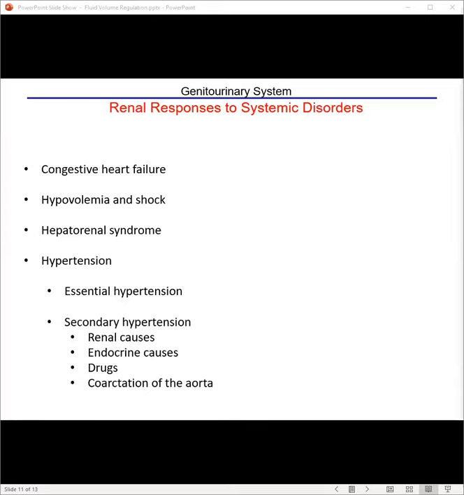So the kidney tries to increase fluid volume, leading to peripheral edema and eventually leads to pulmonary edema. So when you are looking at patients with congestive heart failure, always look at your lungs, no? Kasi doon mo makikita yung endpoint, no, ng congestive heart failure.